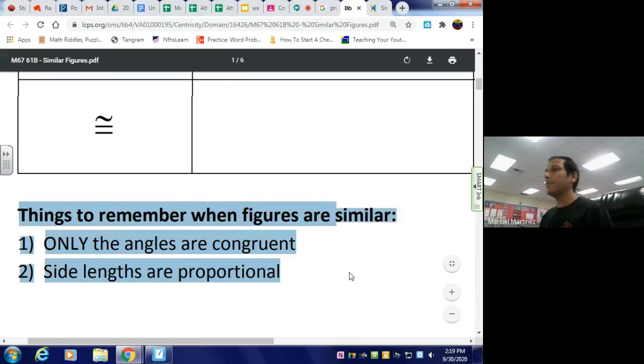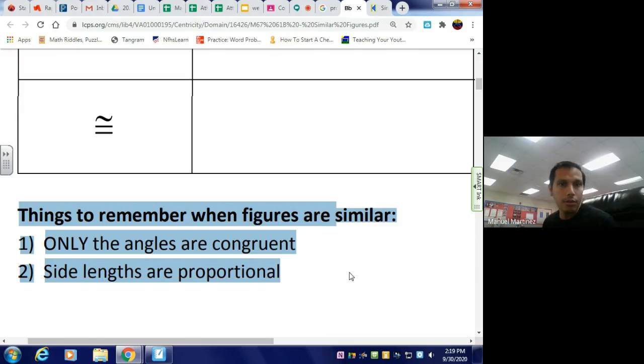Write this down. Things to remember when figures are similar. 1, only the angles are congruent. 2, side lengths are proportional. By the way, it says only the angles are congruent. What does congruent mean?